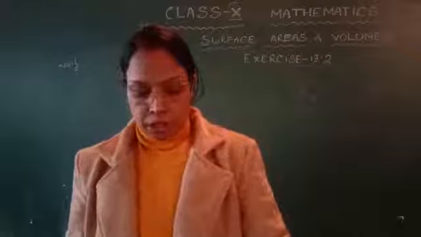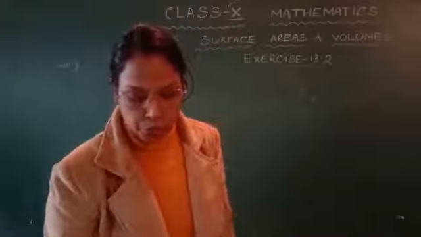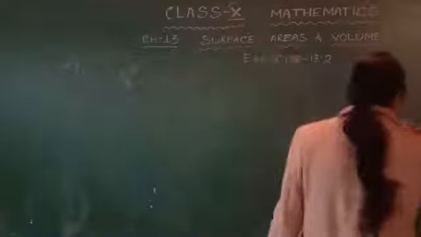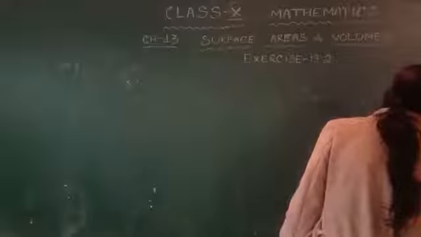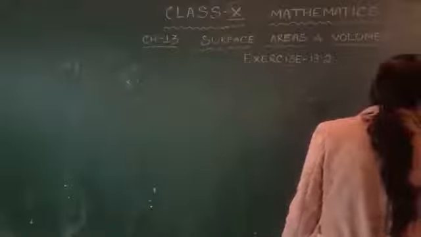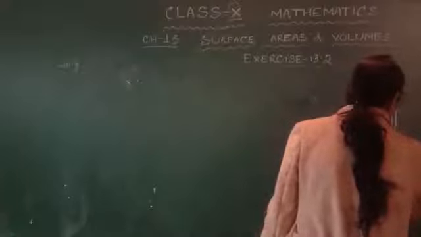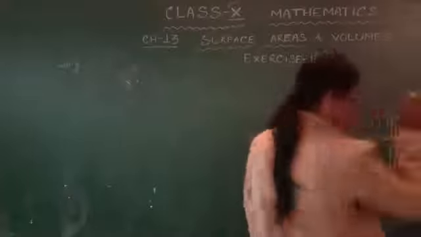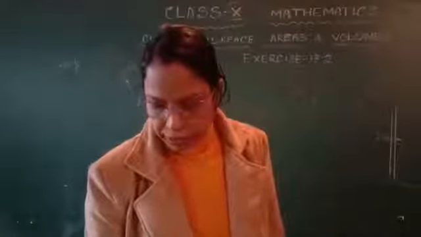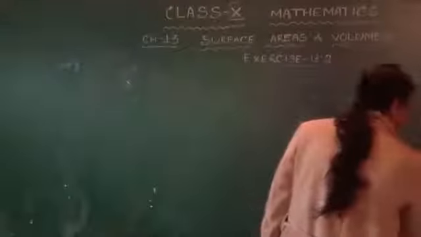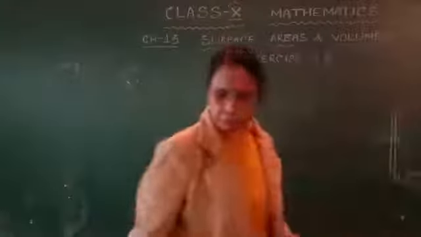So this is a solid cylindrical pole. Height is 220 centimeter and base diameter is 24 centimeter.